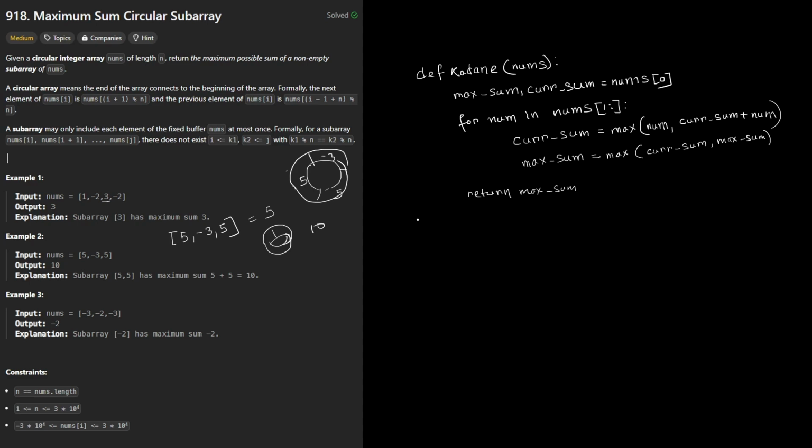So in the normal case I can say max Kadane, and here I can just pass in my current nums, and it is going to give me the result.